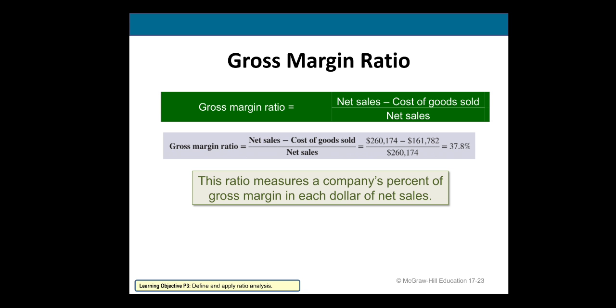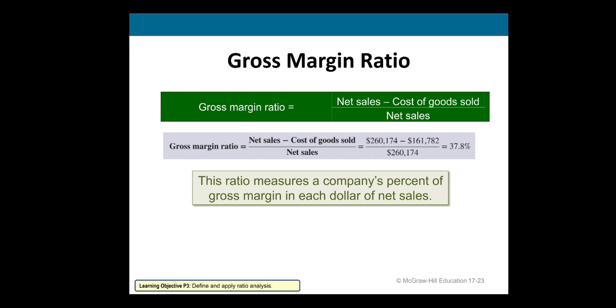Gross margin ratio. Gross margin ratio can only be used for a merchandising business. So for a service business, you cannot use this ratio. This is just for your knowledge only. The gross margin ratio equals net sales minus cost of goods sold divided by net sales.